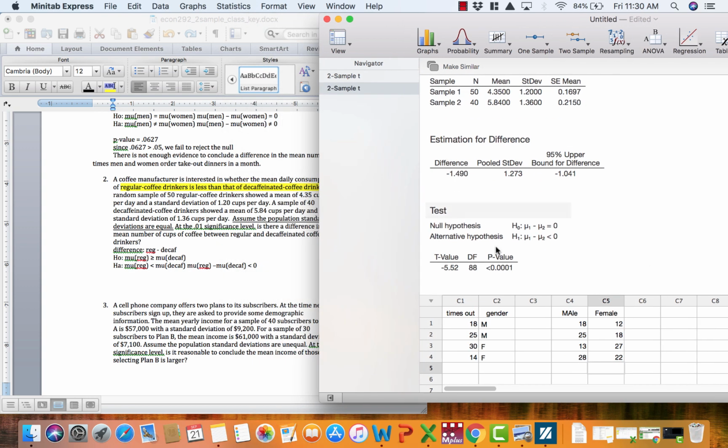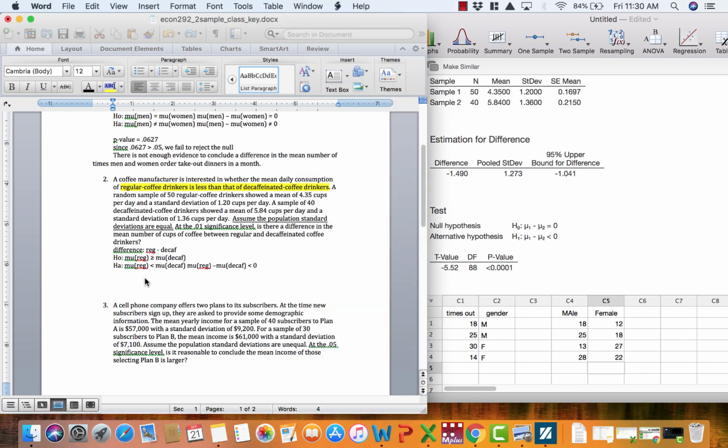Notice that our alternative hypothesis matches our alternative here, where 1 is regular and 2 is decaf. So what is the p-value? The p-value is less than 0.0001.